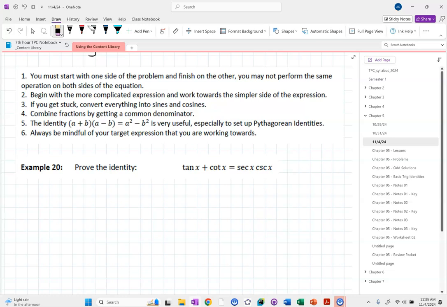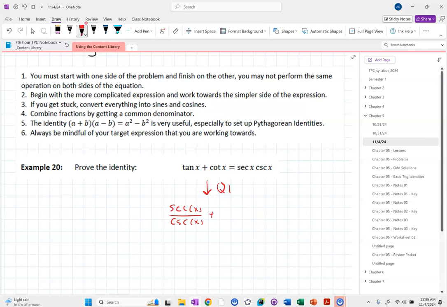Not immediately clear which one of those 3 I would want to use. But if I look at the end, where am I trying to get to? I'm trying to get to secant times cosecant. So maybe I think, well, I'm going to pick the second option and turn tangent into secant x over cosecant x, because I see that my final result has secants and cosecants in it.